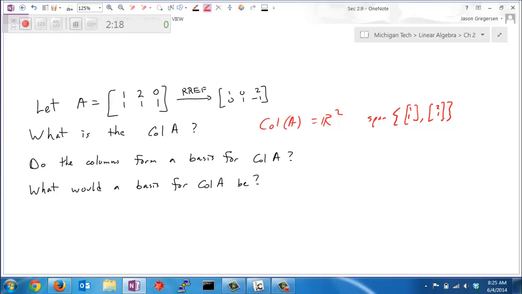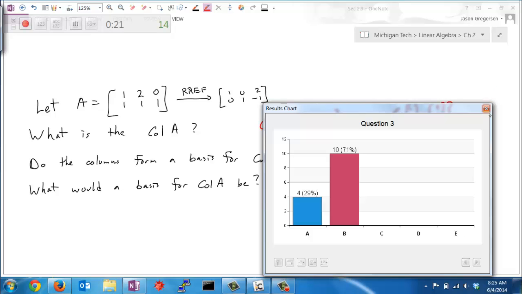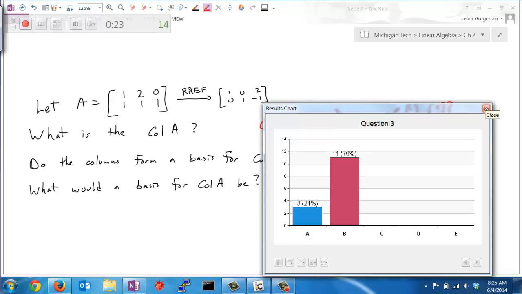All right, so what about the second one? Let me stop this and start it again just to make sure we're clear on this point. Do the columns of A form a basis for the column space here? Okay, mostly no, but a couple of yeses still.